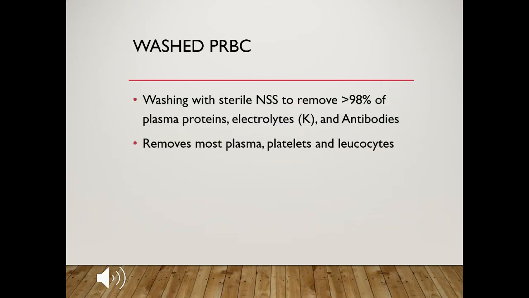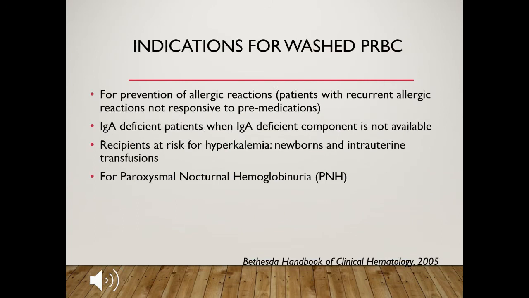Next, we have washed packed RBC. It's also a special treatment for packed RBC because by washing them with sterile NSS, more than 98% of the plasma proteins, electrolytes, leukocytes, and antibodies are removed. So this is the most commonly requested special treatment to blood products because it's simpler to do than irradiation.